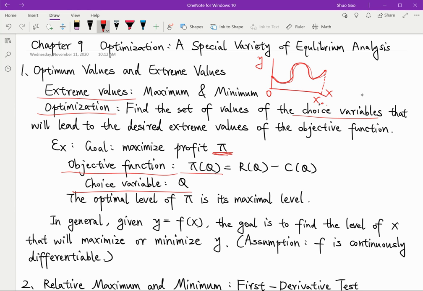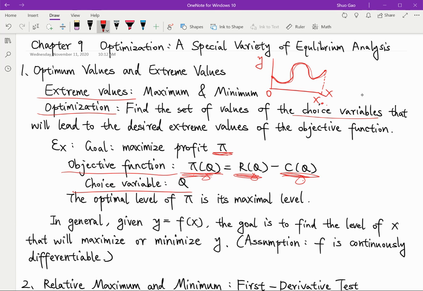This is called the choice variable because Q is the independent variable of all three things here. Pi, r, and c can all be expressed as a function of Q, right?